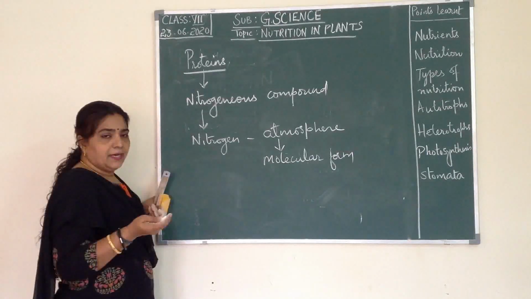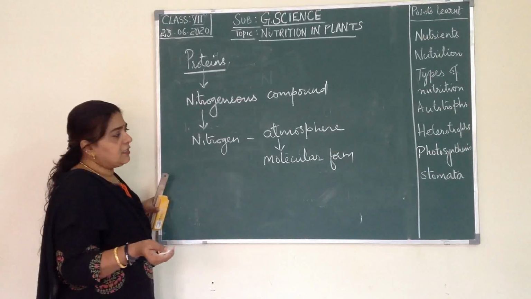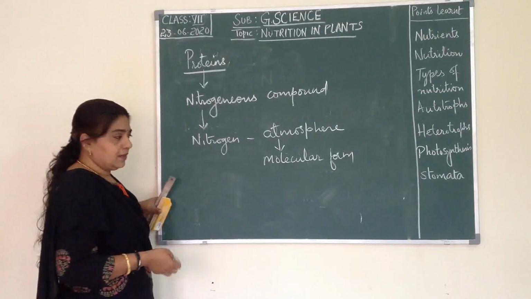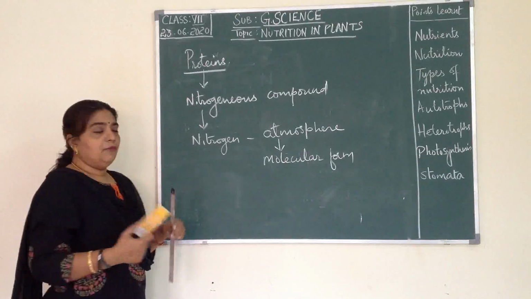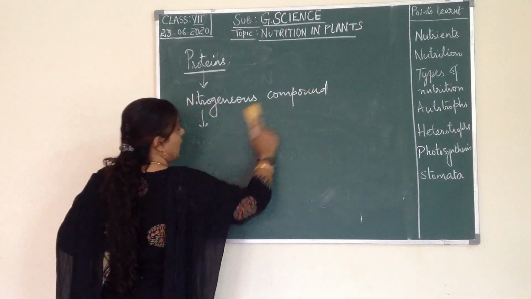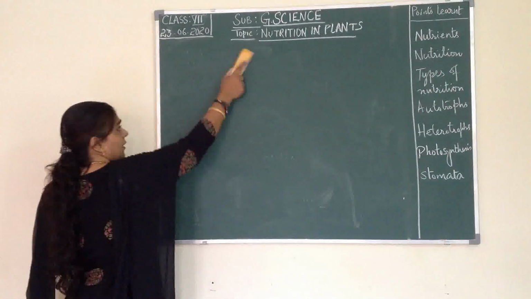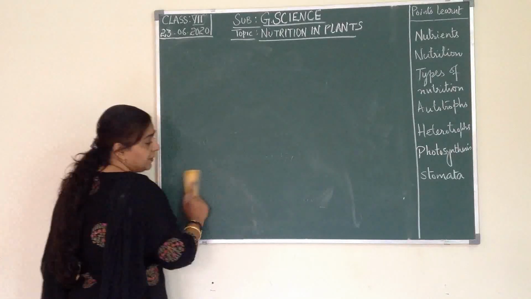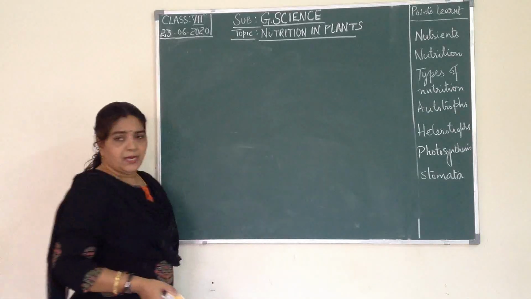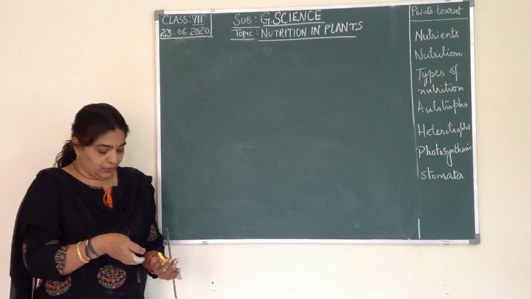So how do they get it? Either when they use the fertilizer, or with the help of the soil bacteria, which will help in converting the atmospheric nitrogen into useful form. So along with carbon dioxide and water, even the plants need proteins, okay, right? So much we have learned under the autotrophic mode of nutrition.